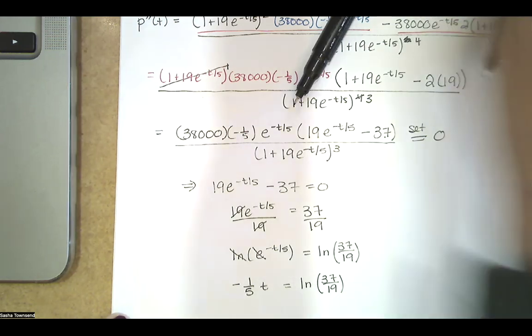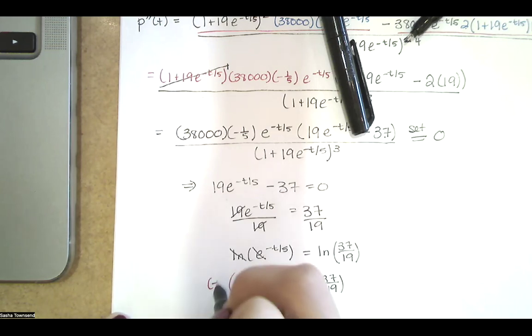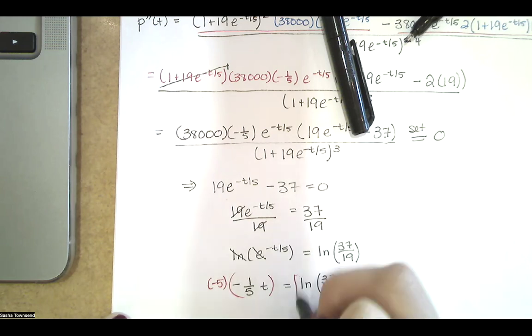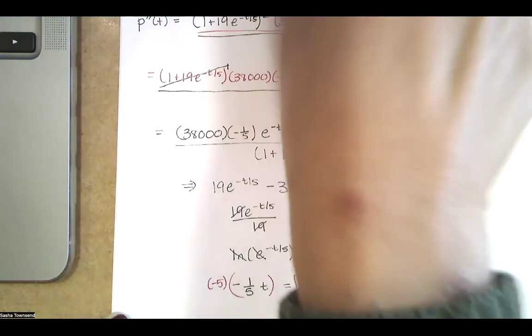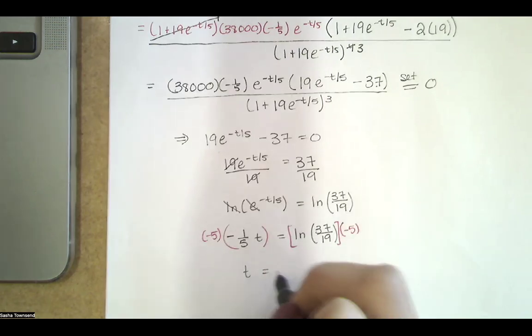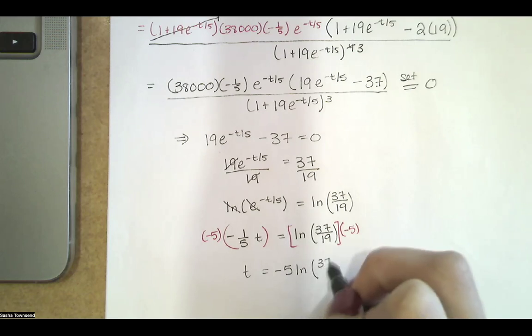And we'll multiply both sides by -5. And that will give us a t value that is equal to -5 times natural log of 37 divided by 19.